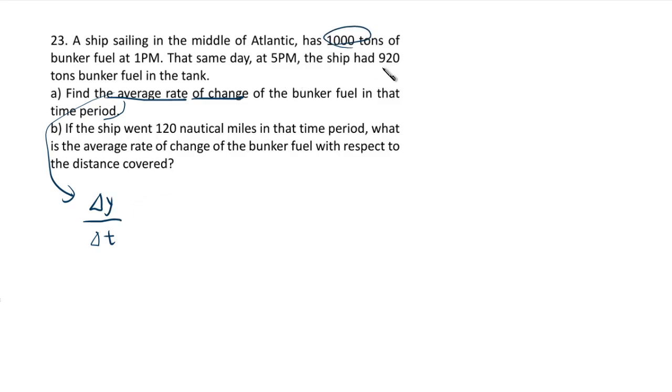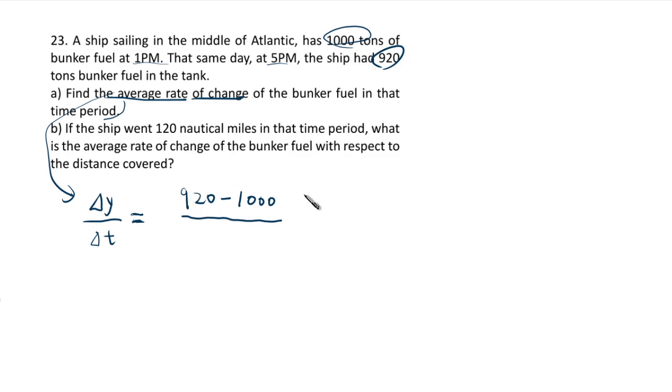So we're trying to find the change of the bunker fuel over the change of time. The times are 1 p.m. and 5 p.m., right? And whenever you measure the change, it's always the final value minus the initial value. So your final value, 920, should be written first, minus the initial value, which is 1,000.